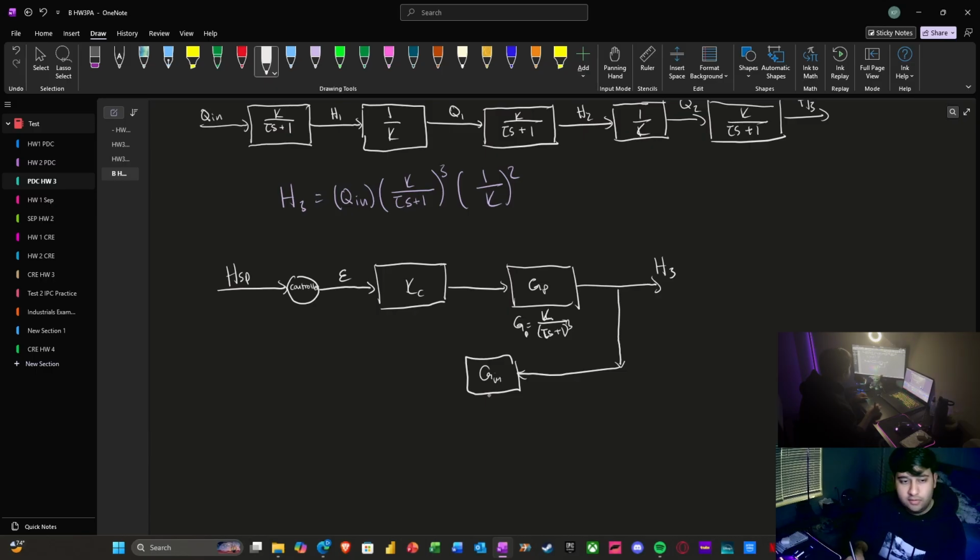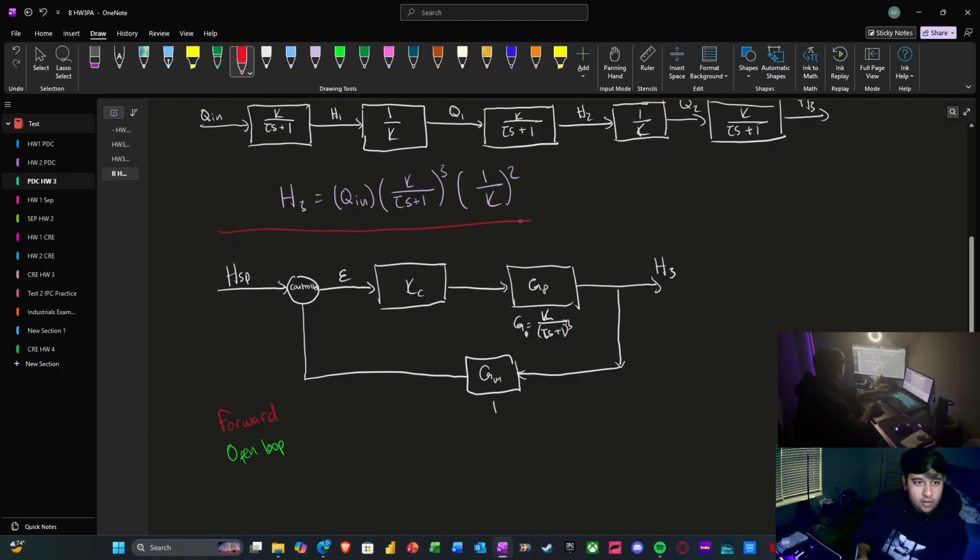I'm going to call it GM, which is going to be equal to just 1, and this goes straight into our controller. Now we want to denote our forward and our open loop. Our forward values are essentially whatever is going in and then out, and our open loop would be our current loop going this way.